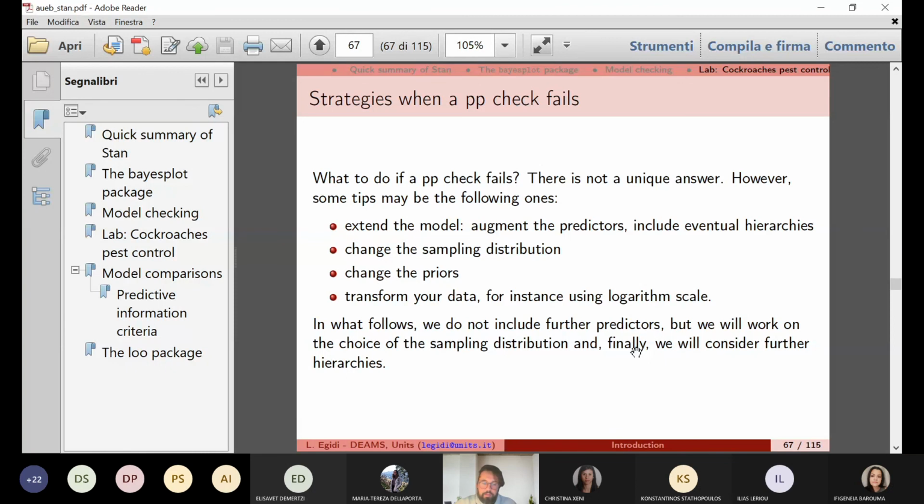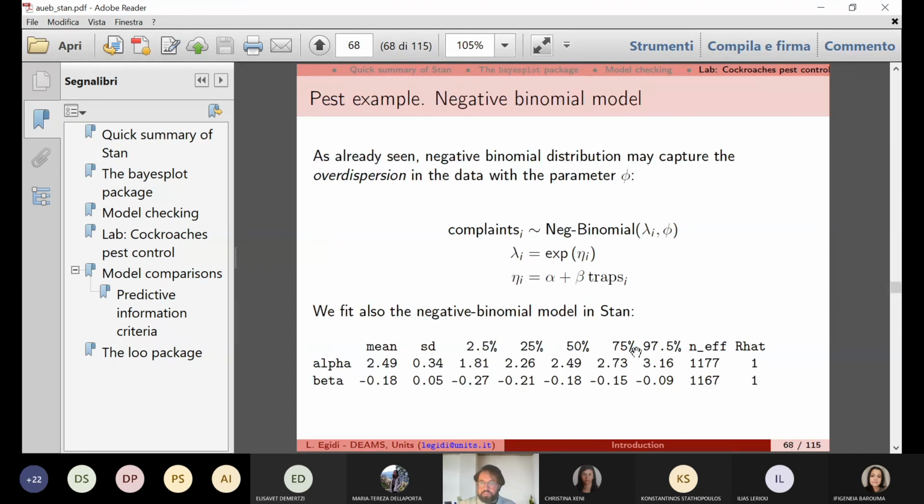Because remember, data in this case are clustered within buildings. They are not coming from the same building. So maybe we could use this to develop more sophisticated models. So the first step, and then we take a break and then we see these steps, is changing the sampling distribution, not anymore a Poisson distribution, but a negative binomial.